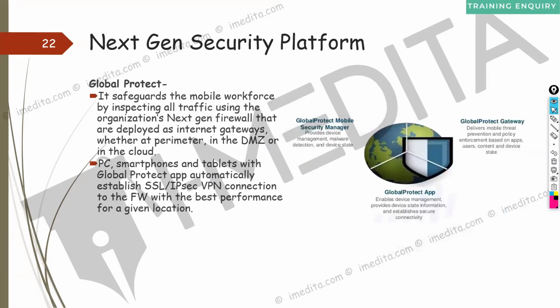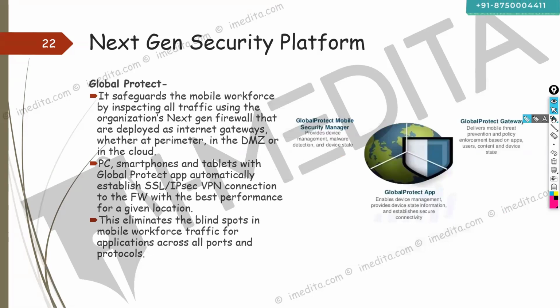What is GlobalProtect? Yesterday I told you that Palo Alto Firewall supports SSL VPN, and the SSL VPN is marketed by Palo Alto under the name GlobalProtect. Got it or not?